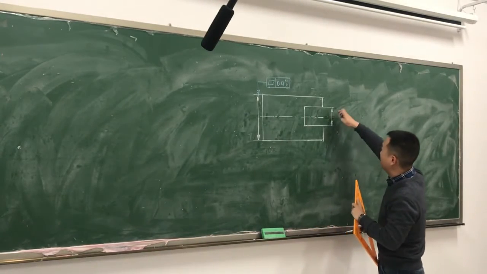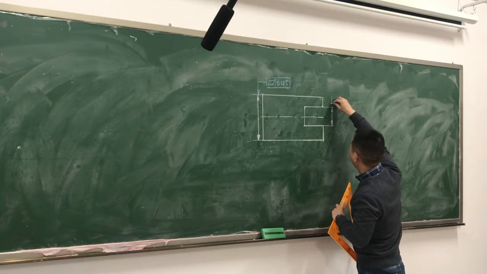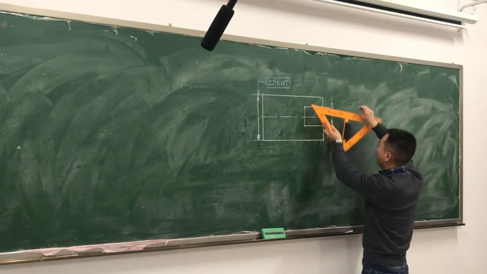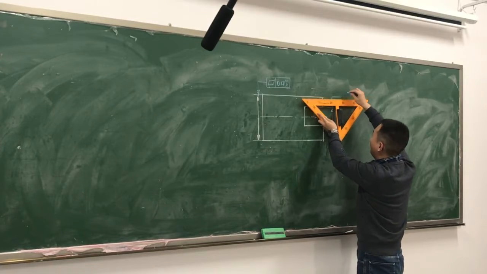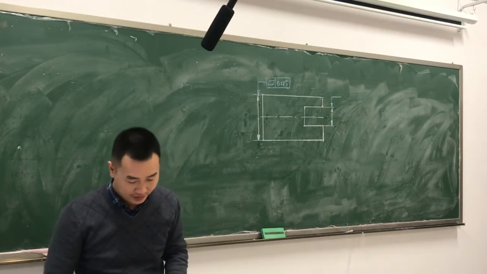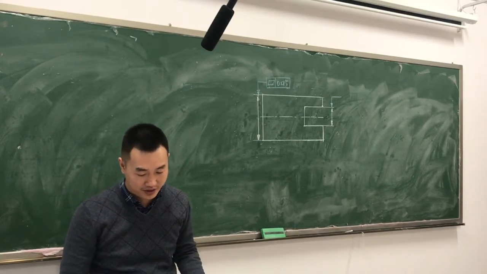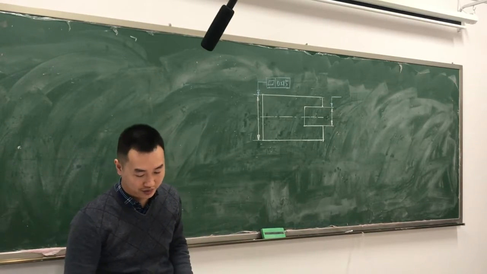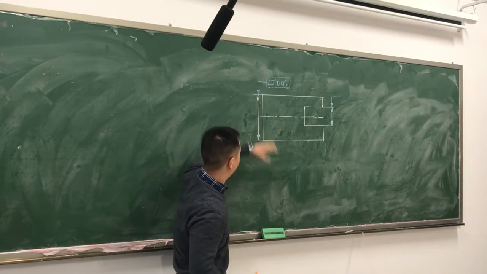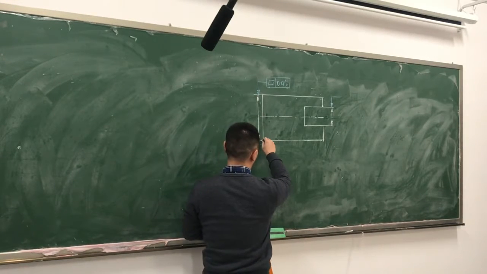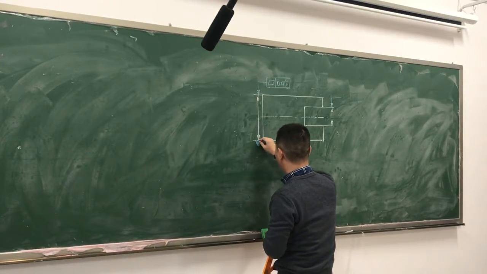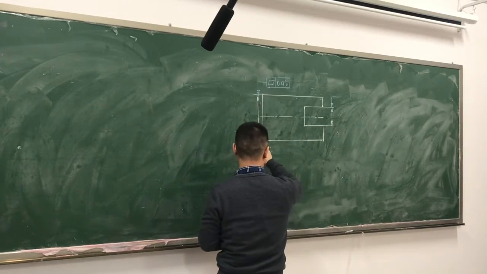The lead line should be at the extension of the dimension line. It states the maximum deviation of the median plane of the groove to the median plane of the workpiece. Here, we add the datum. This is the datum, right? Because it says the median plane of the workpiece. So this is the datum.